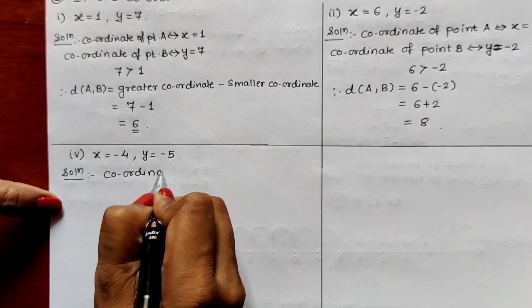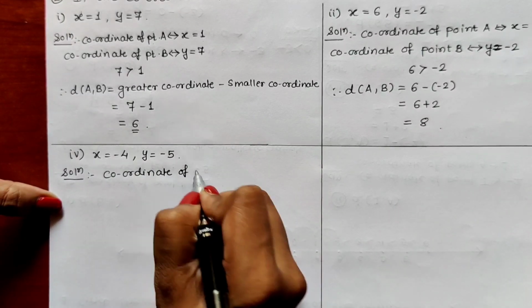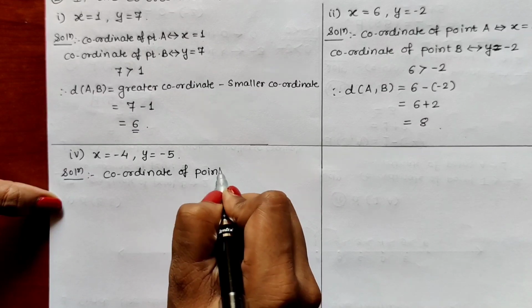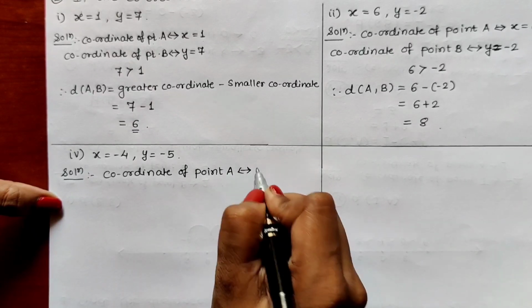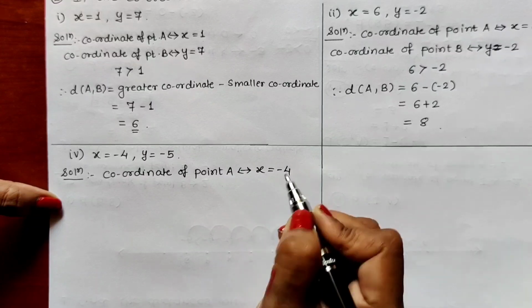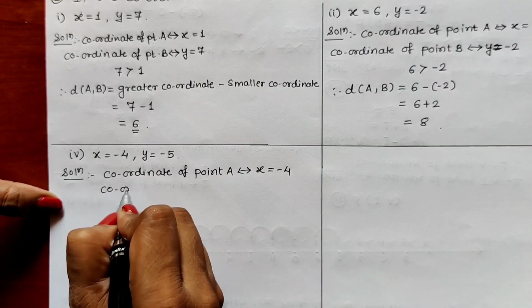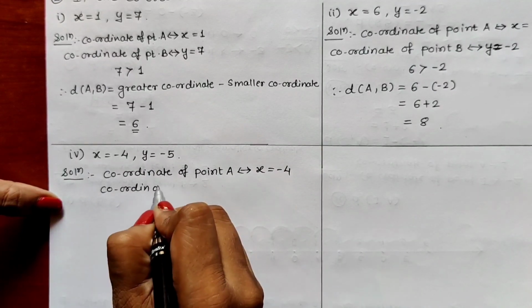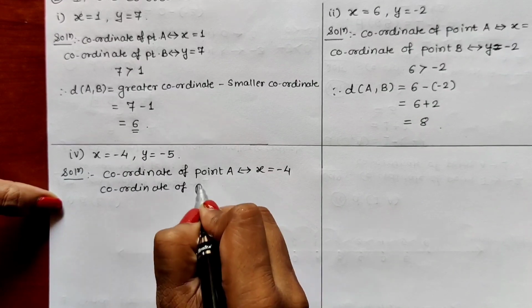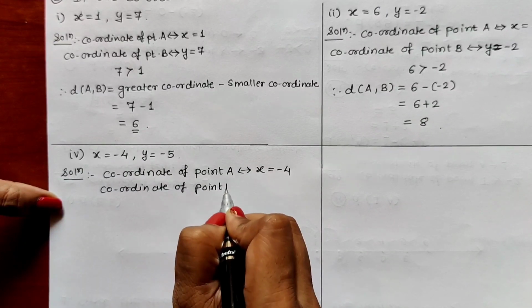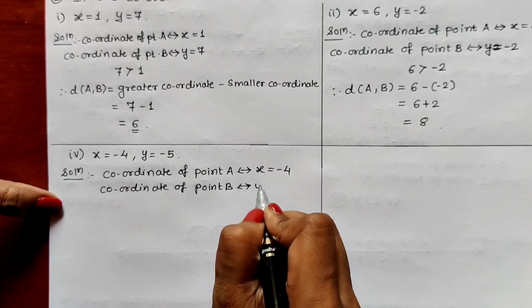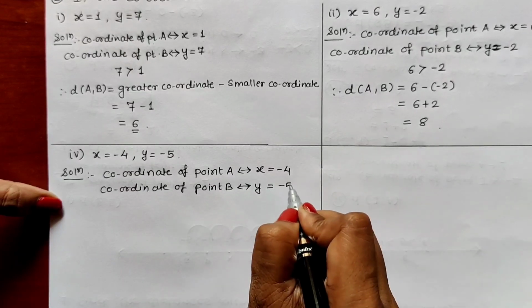Coordinate of point A, which is x, and x is equal to minus 4 given to us. Coordinate of point B equal to y, which is minus 5.